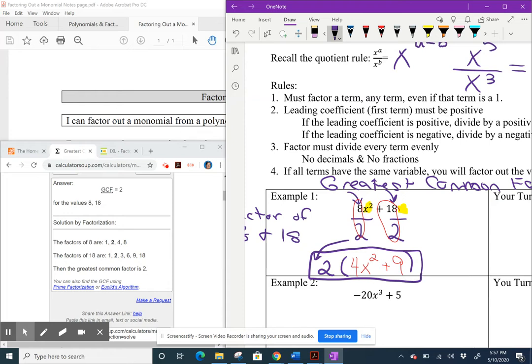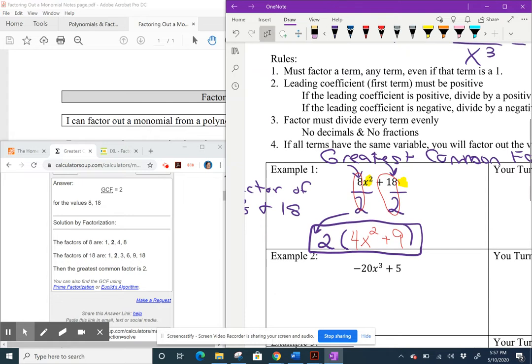We factored out a 2, and we were left with 4x squared plus 9. Now, if you actually multiply that 2 back in, you are going to get back to the original problem. Okay? Now, if you could, pause it for a moment and try your turn 1 by yourself.